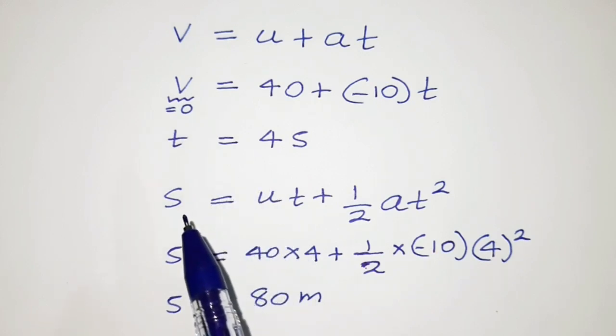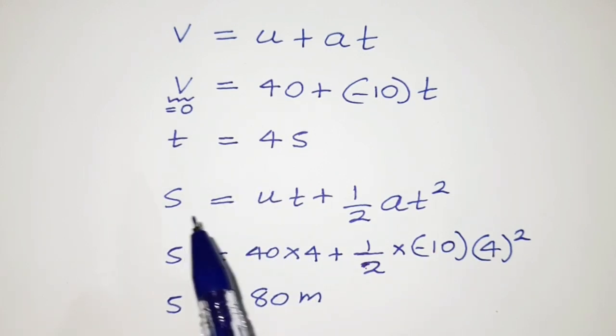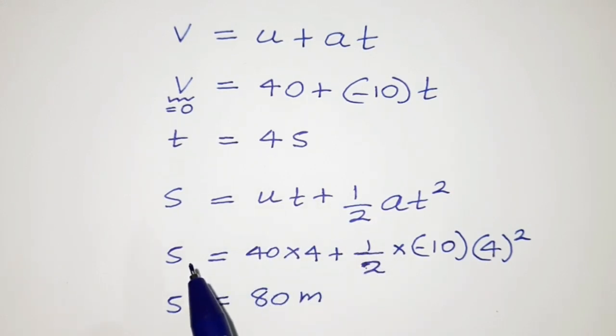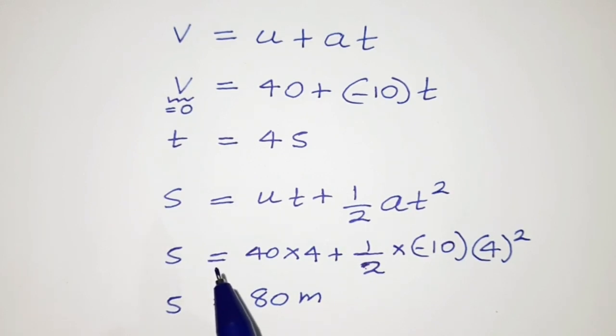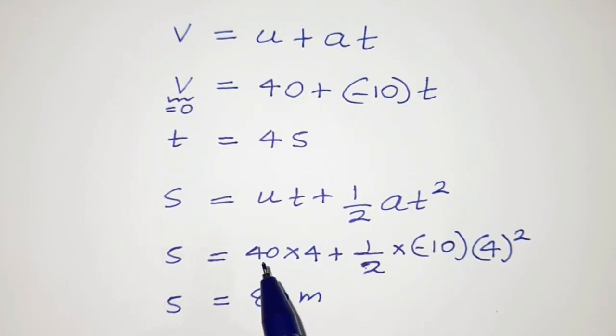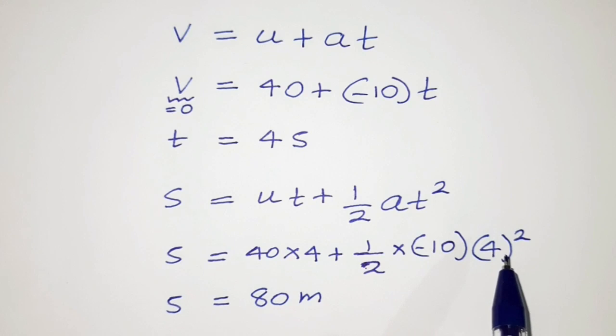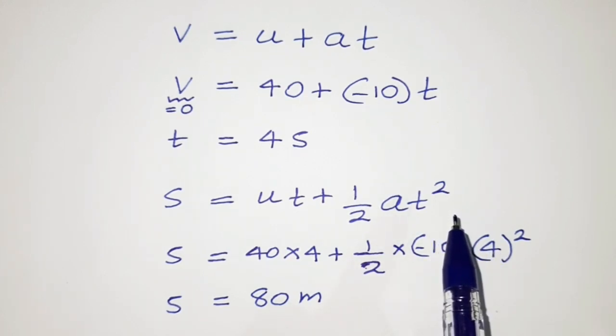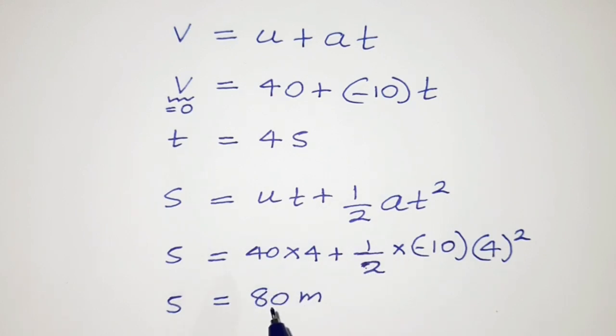When talking about the displacement, we can use the equation S is equal to ut plus half at squared. So when we apply S is equal to ut plus half at squared, we get the initial velocity 40 times the time 4, plus half times minus 10, which is the negative acceleration or deceleration, times 4 squared, because the time is being squared, which is equal to 80 meters.